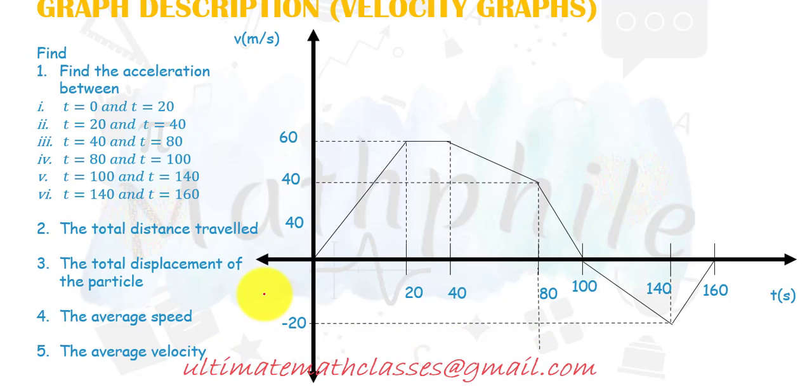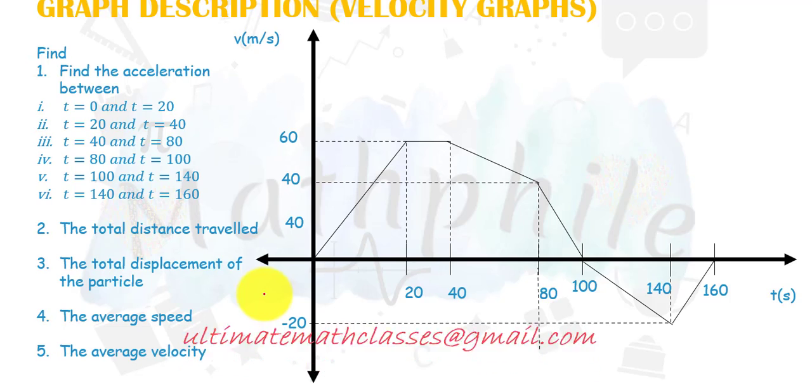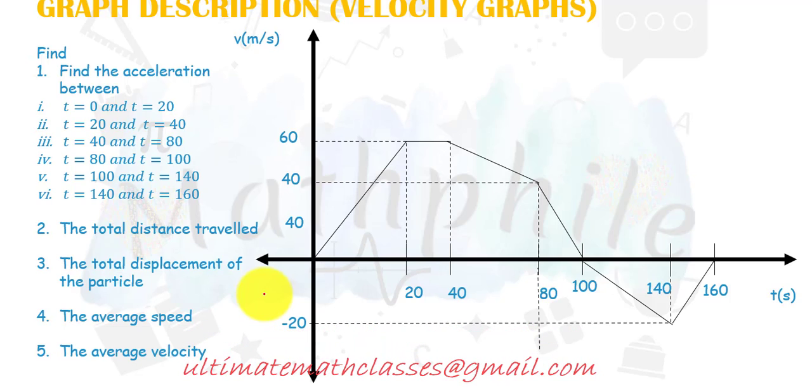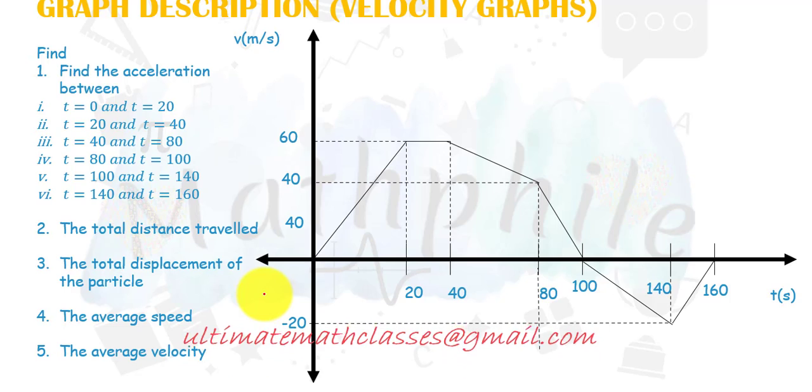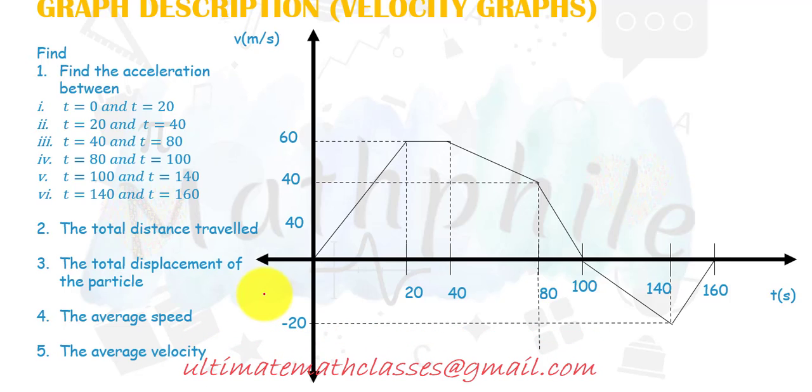The first one is 3 meters per second squared. Then the second one is 0.